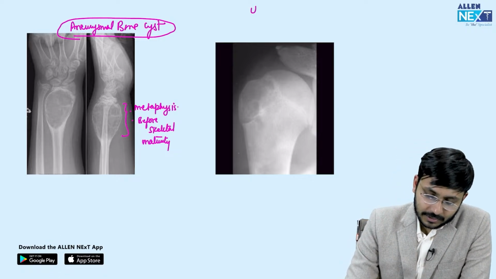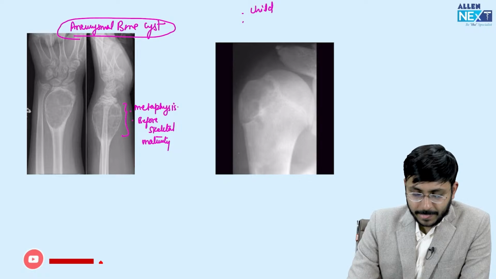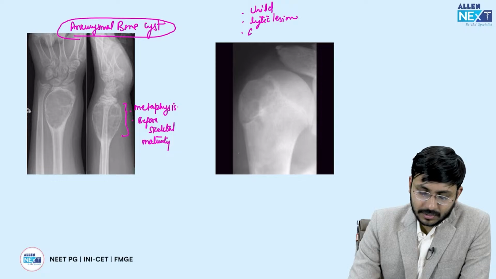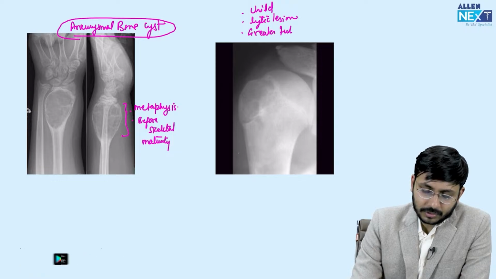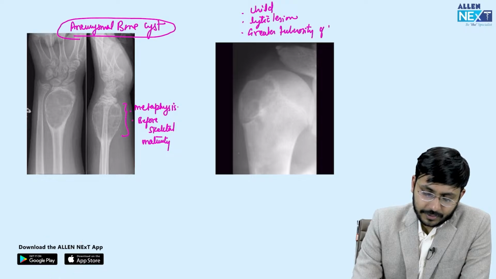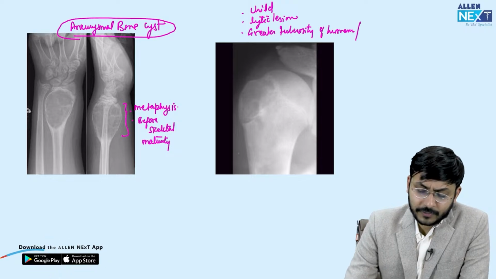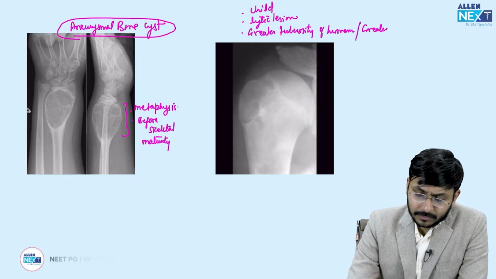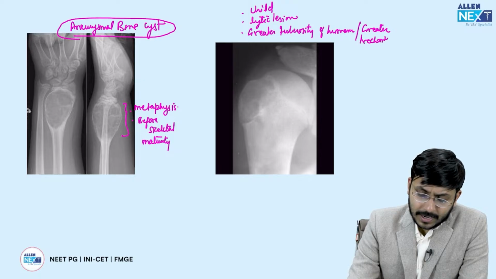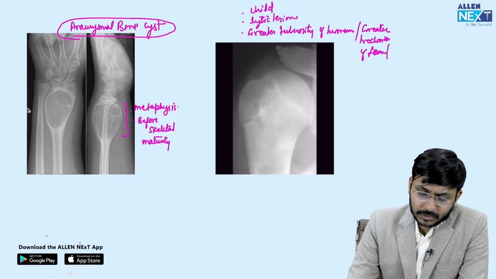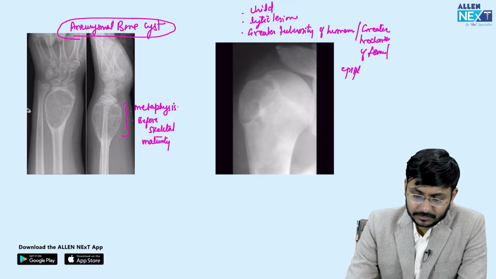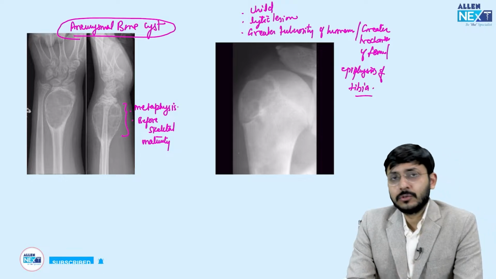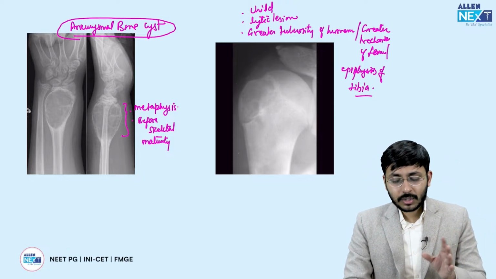Okay, so if in the question you are given a child with a lytic lesion involving the greater tuberosity of humerus, or greater trochanter of femur, or epiphysis of tibia, so a lesion involving the epiphysis or the apophysis.